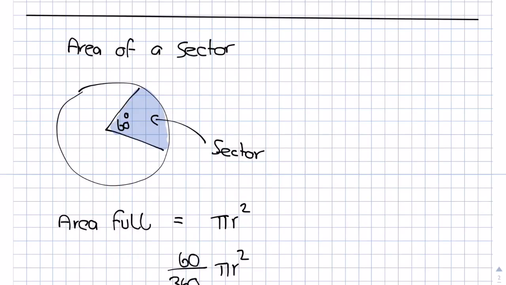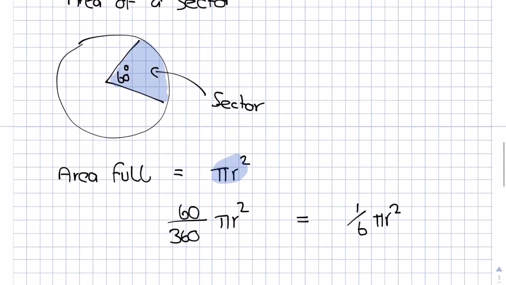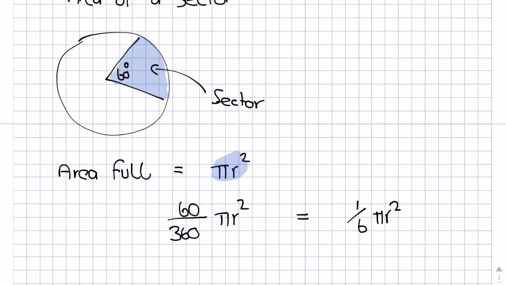Now 60 over 360 is the same as saying a sixth pi r squared. So no, we don't have the full circle pi r squared, but we do have a sixth of it. So that would be the area of that sector. It's the angle in degrees over the full angle, multiplied by pi r squared. So in radians it's going to be the same thing.